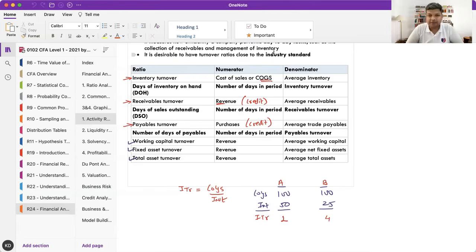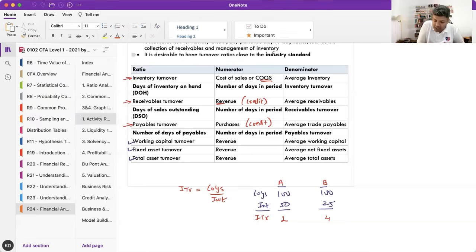So first focus on inventory turnover. Which company is able to sell the inventory faster, A or B? B, right? Now, if I want to convert this into the number of days or months, there is a ratio to do that.